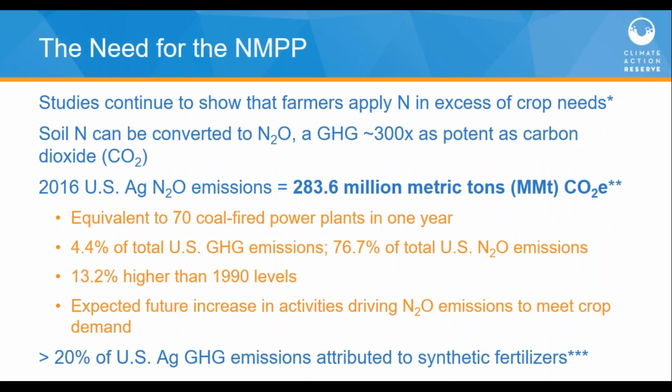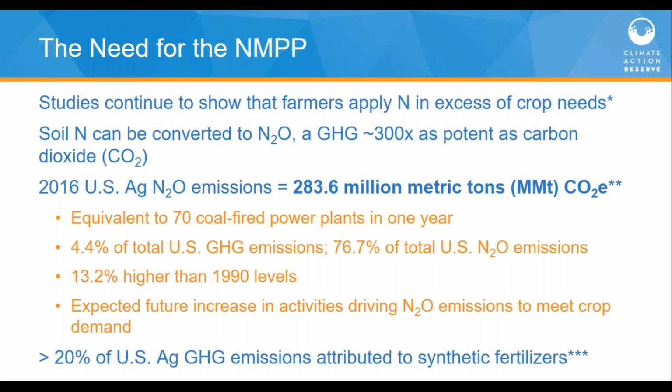All right, and so why do we need this protocol? Studies continue to show that farmers are applying nitrogen in excess of what is required by the crops. And this extra nitrogen in the soil can be converted to nitrous oxide, which is a potent greenhouse gas with a global warming potential roughly 300 times that of carbon dioxide.